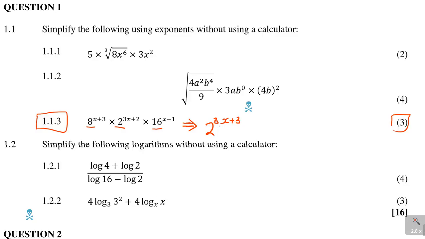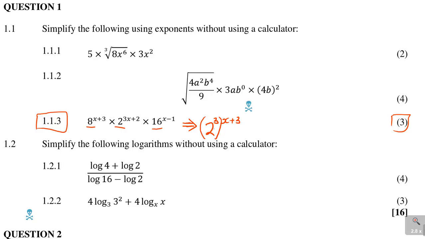If you leave it like that, automatically it is wrong, because now it looks like 2 to the power 3x plus 3. So what you need to do is either you put a bracket here to protect, to show that 2 to the power 3 is the one which, remember, this is my 8. So that's what I'm trying to protect there.